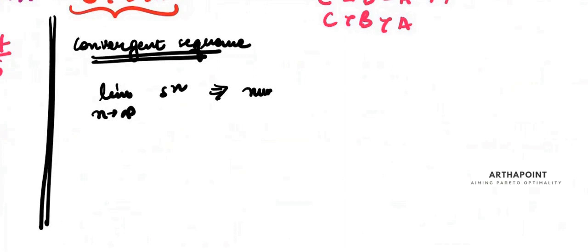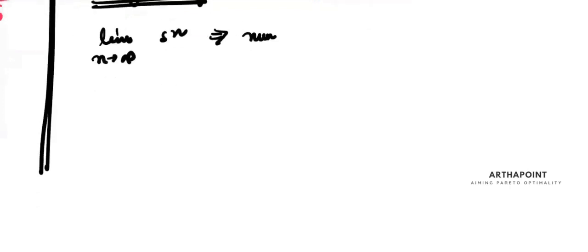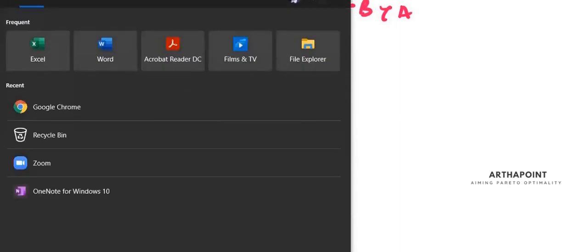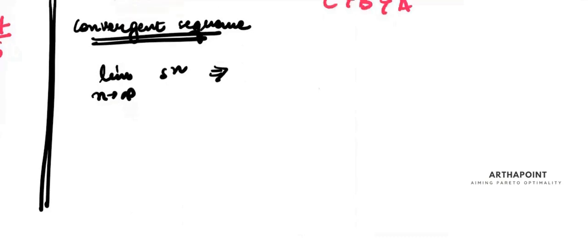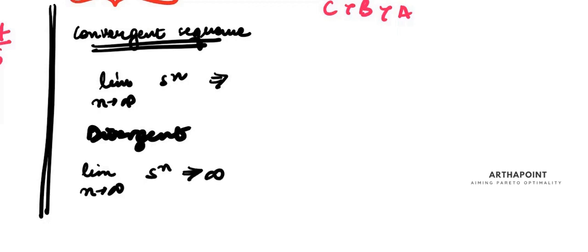A divergent sequence is where, as limit n tends to infinity, the sequence just gives you infinity.